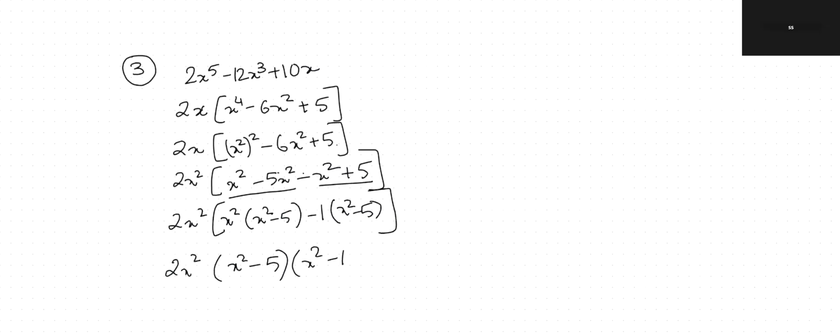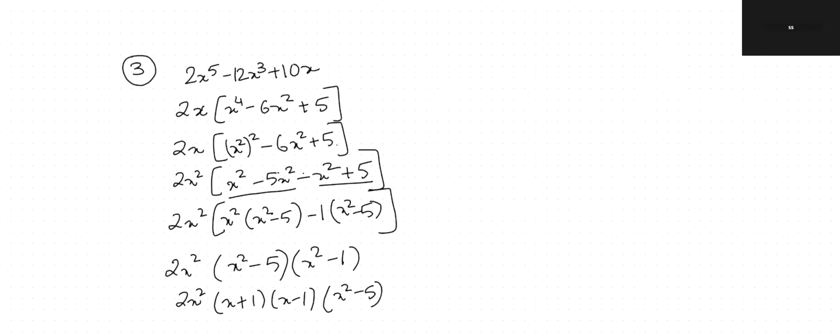Okay. Now x squared minus 5 cannot be factored more, but we can definitely factor x squared minus 1 to x plus 1 and x minus 1, and x squared minus 5. Okay.